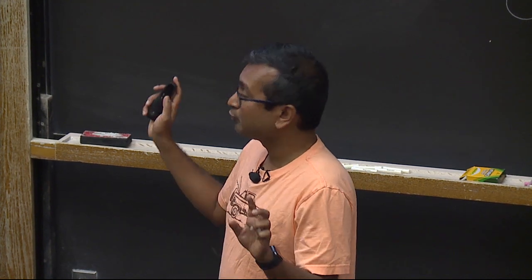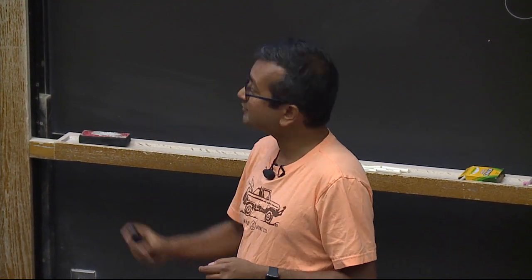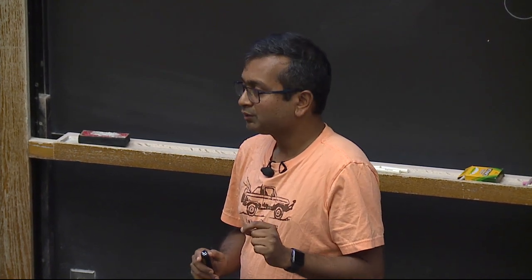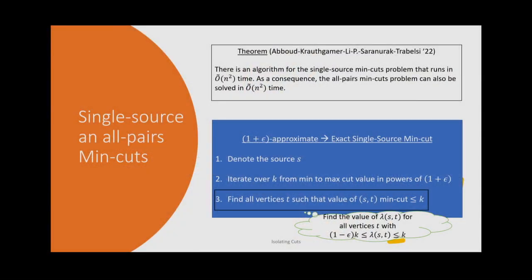So at a very high level, what this new algorithm does is it is able to not only find this set of vertices, but also pin down what the connectivity of those vertices is. I want to emphasize that it is only doing so for vertices whose value of lambda st is very close to each other. If you gave this new algorithm all the vertices, without using this iterative layering, it won't be able to figure out the connectivity of all the vertices.